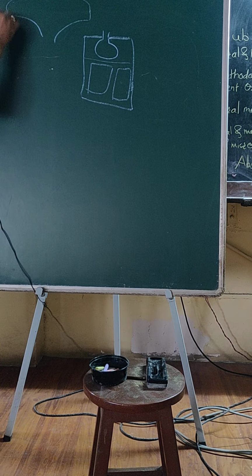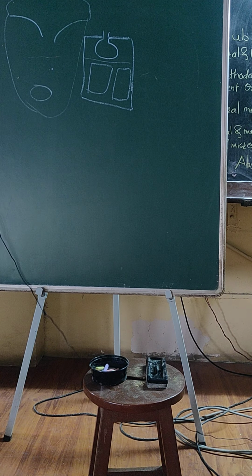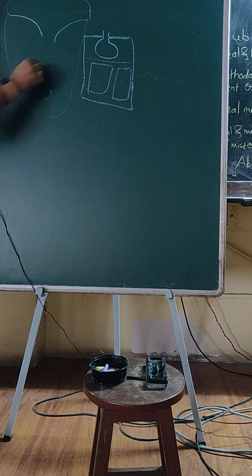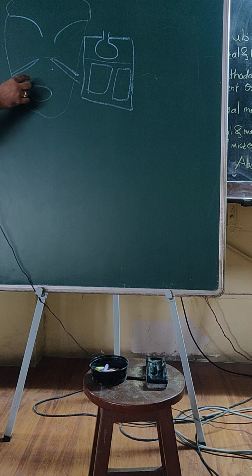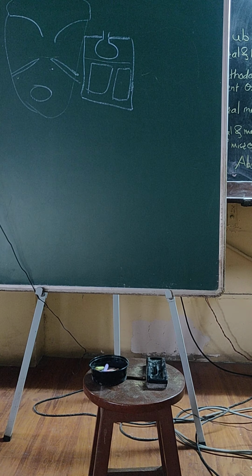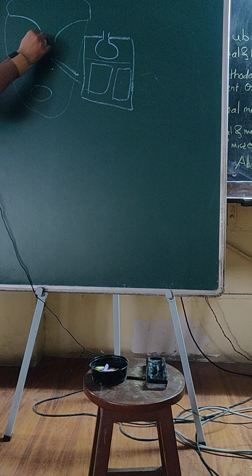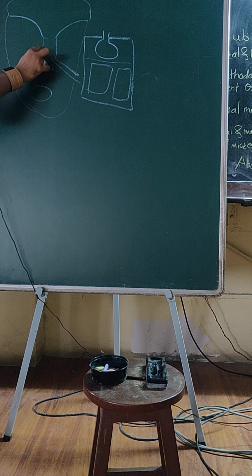The interior of the skull somehow looks like this. The foramen magnum is here. This is the petrous temporal part. So there are three fossae: posterior cranial fossa, middle cranial fossa, anterior cranial fossa. This is the petrous temporal, and in this region is the sella turcica.